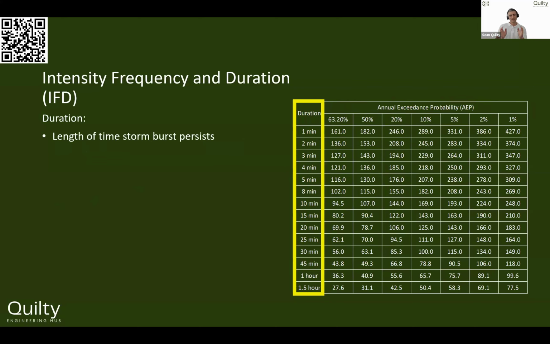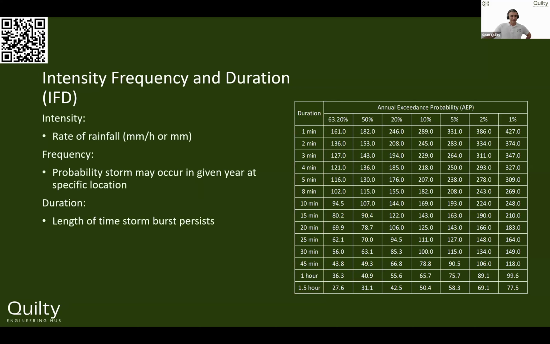These durations are referring to the storm burst. It's not the complete storm itself. It's just that intense middle part of the storm. With each of those, the duration and the storm frequency, you can then obtain your rainfall intensity. And that's what you'll plug into all of your calculations for stormwater design and road design as well.